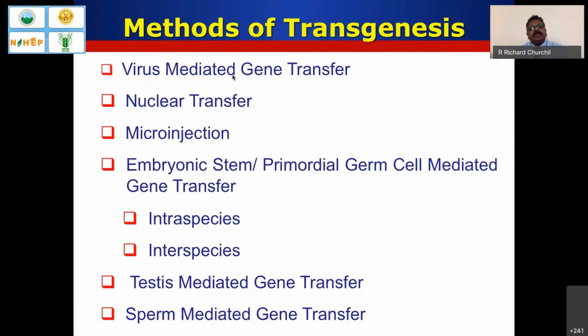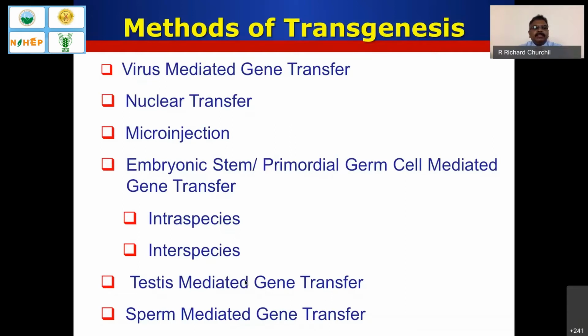Again, these transgenic primordial germ cells or embryonic stem cells can be introduced into another host. So the host will become transgenic. In this case, you can produce interspecies or intraspecies transgenic birds.